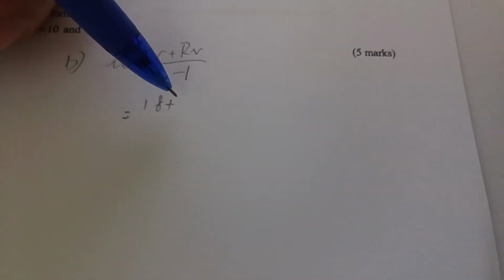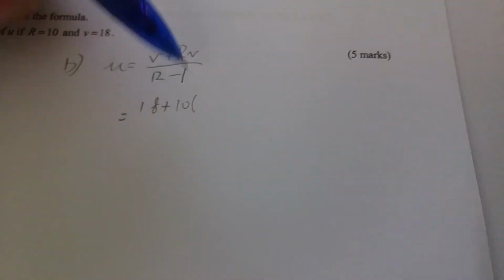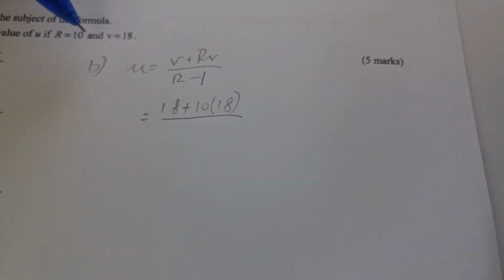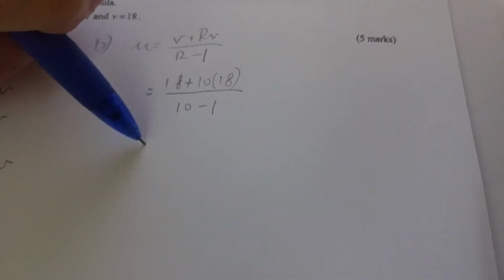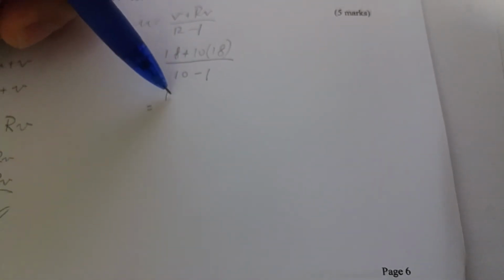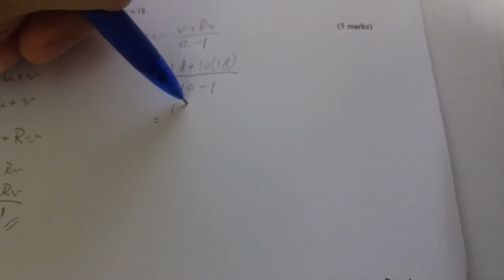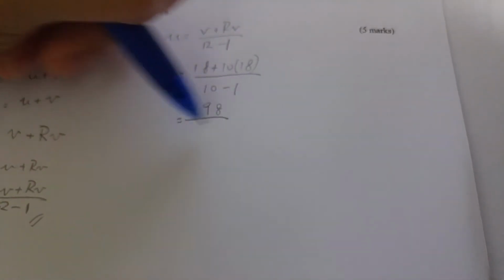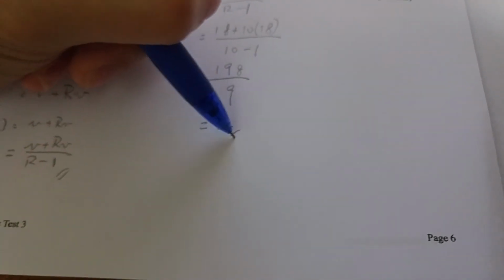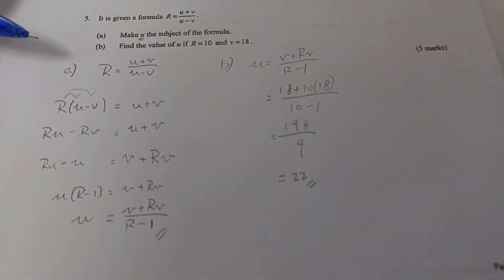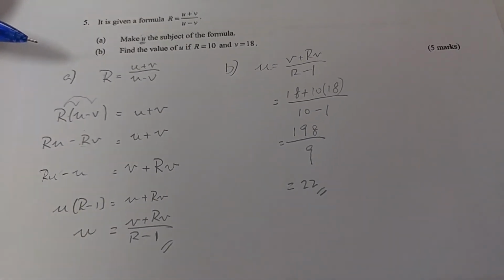So R would be 10 and V would be 18. And then R, again, minus 9. So what you get here should be 198 divided by 9, and should be 22. Okay?